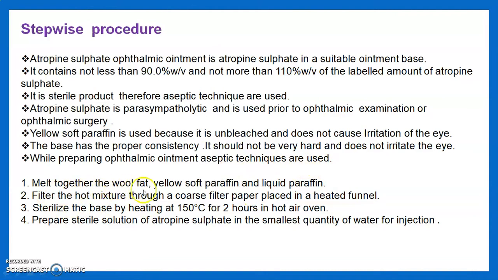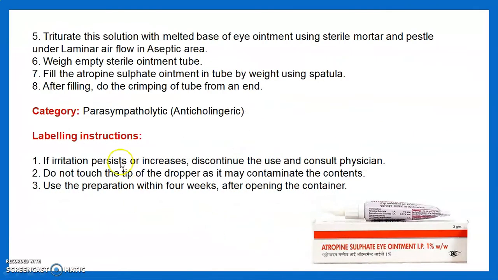Melt together the wool fat, yellow soft paraffin and liquid paraffin. Filter the hot mixture through coarse filter paper placed in a heated funnel. For that purpose, we should also heat the funnel. Sterilize the base by heating at 150 degrees Celsius for 2 hours in a hot air oven. Then prepare a sterile solution of atropine sulfate in a small quantity of water for injection.